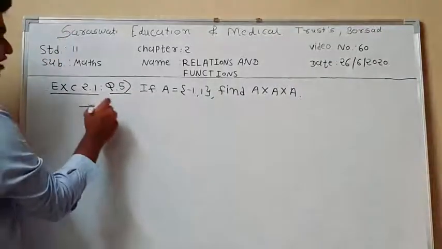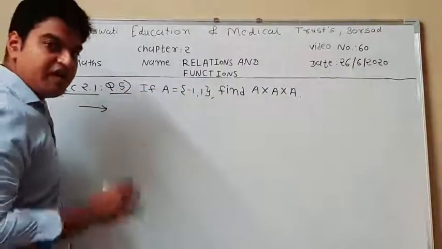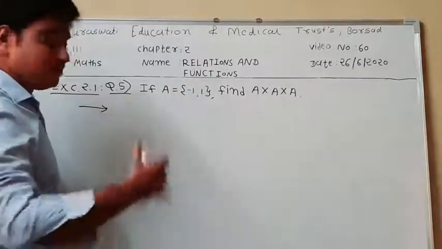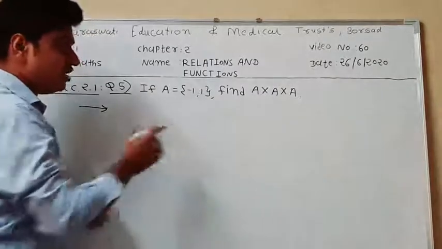First of all find out A Cartesian product A, and after we get the result we can apply the Cartesian product with the last A. So we get the final answer.